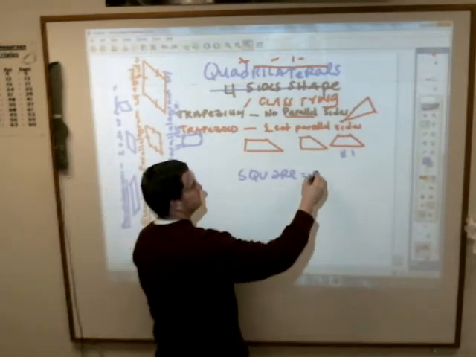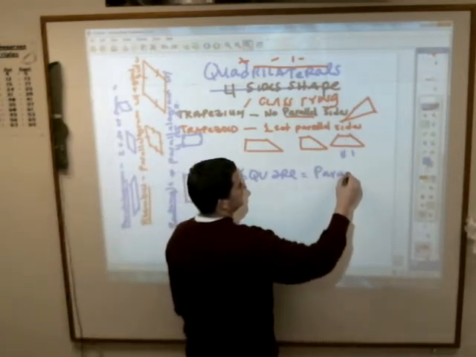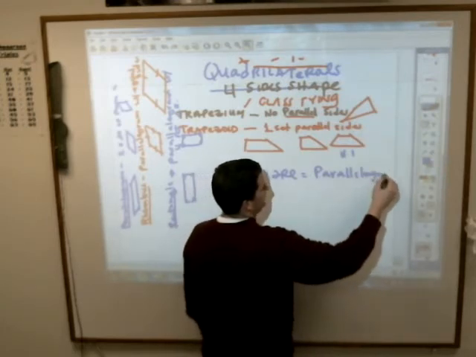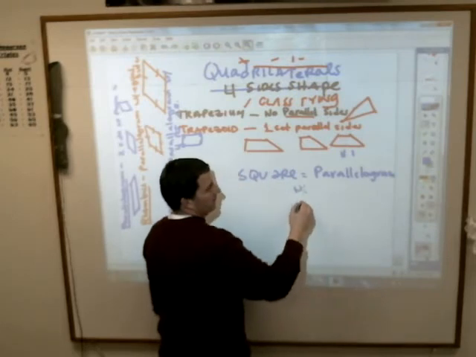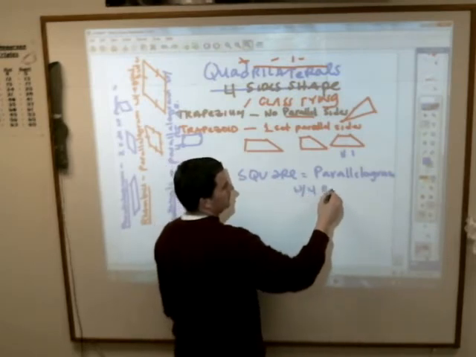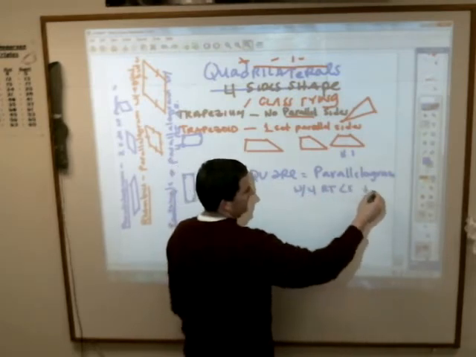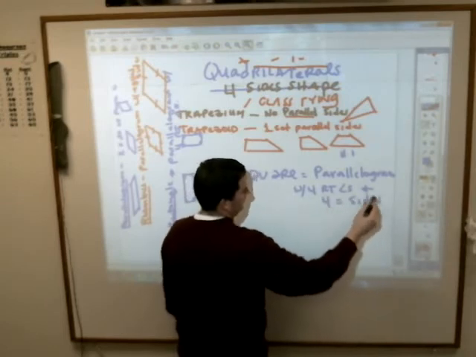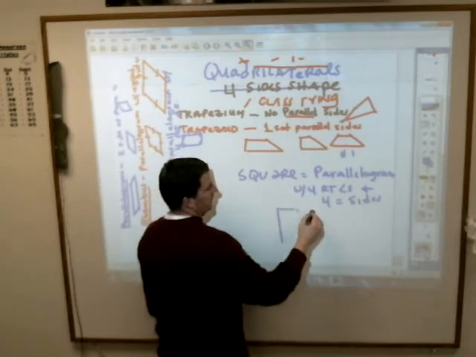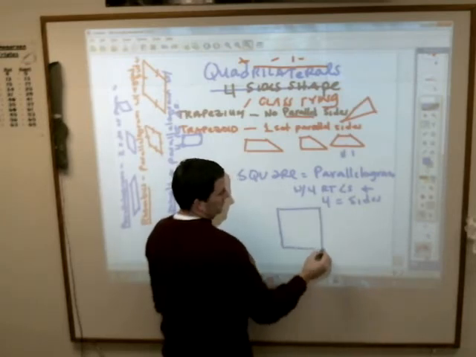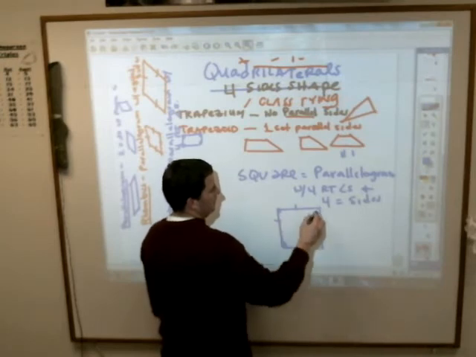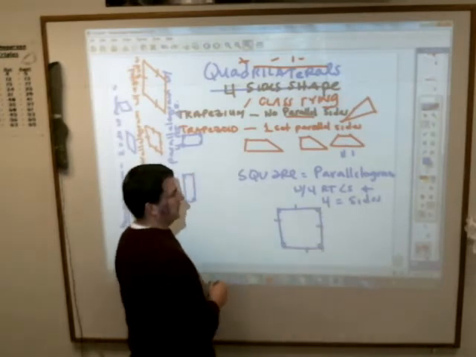Ava? It has 2 sets of parallel lines and they're all equal. But they're not the same. It's a parallelogram with 4 right angles and 4 equal sides. A square has to be equal sides, and it has to have 4 right angles, and it has to be a parallelogram.